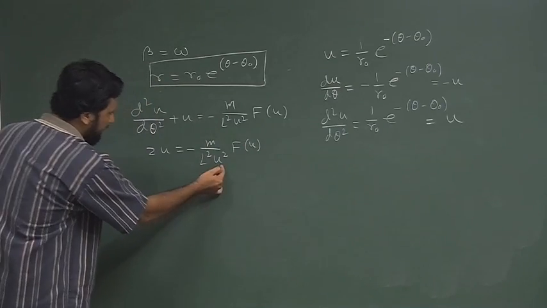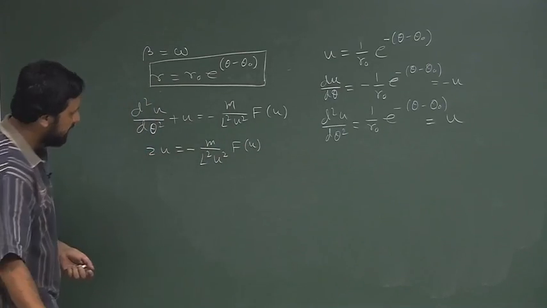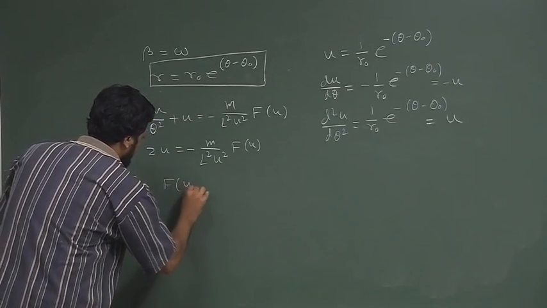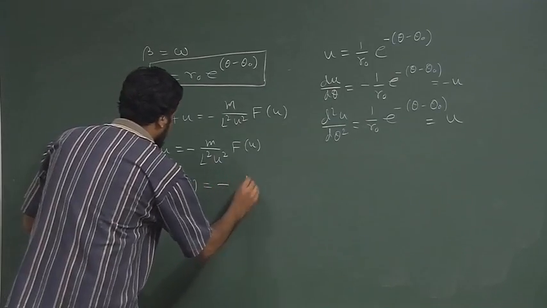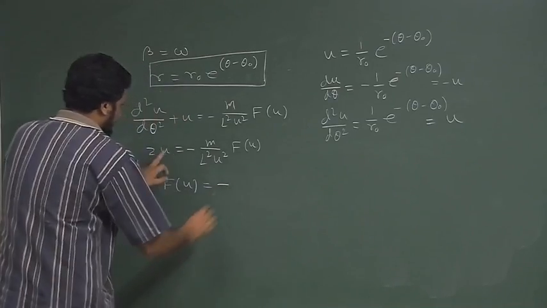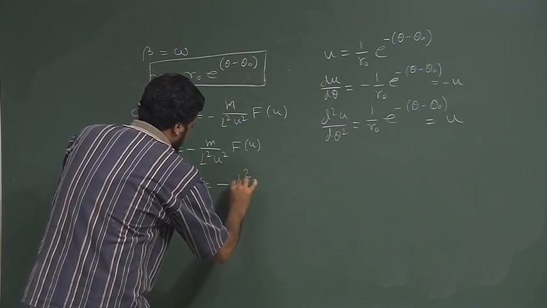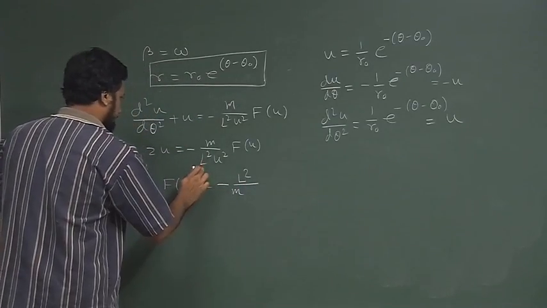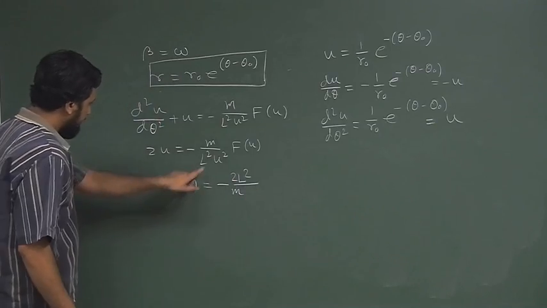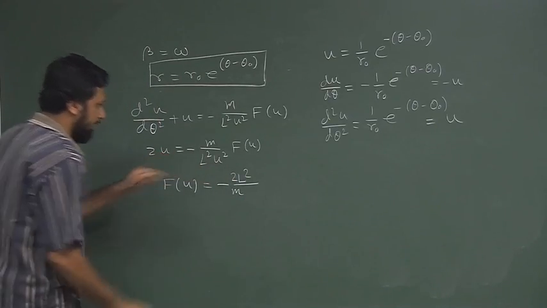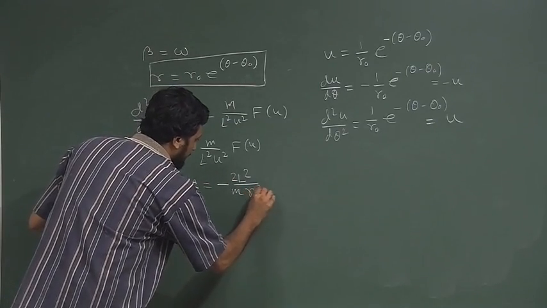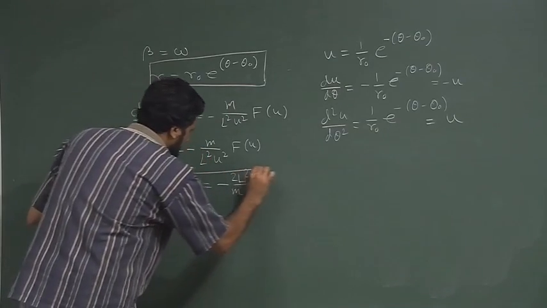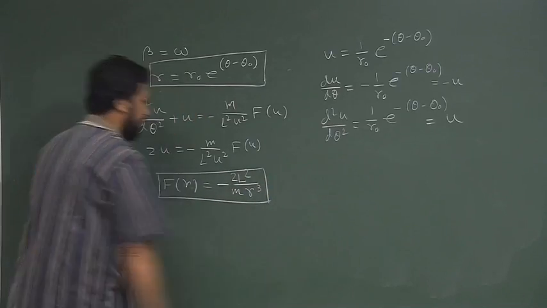You have to bring this u square to this side, and rearrangement will tell you that f of u is equal to minus L square by m, and there will be a 2 here, it will be u cubed, we are writing 1 by r cubed. So, this is the final answer.